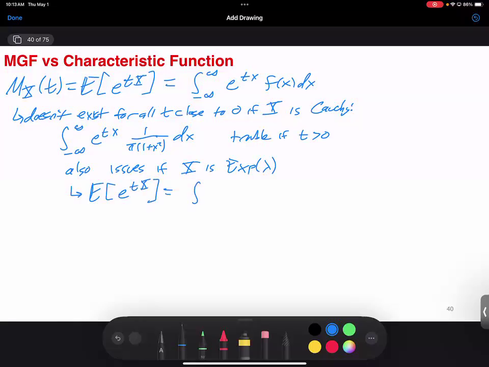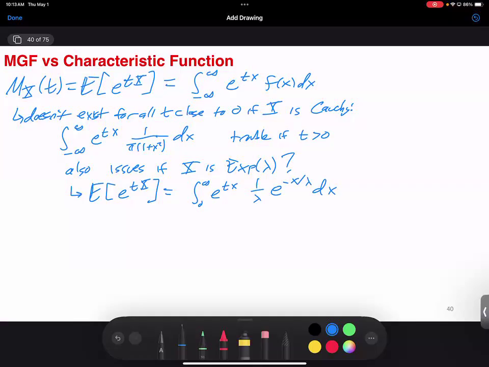So that would be the integral from 0 to infinity, right? So we would have e to the tx 1 over lambda, e to the negative x over lambda dx. Is this going to make sense? Will this make sense for t on both sides of 0?